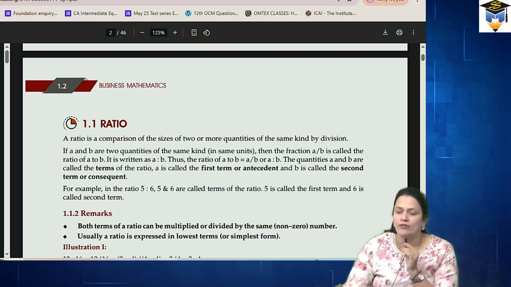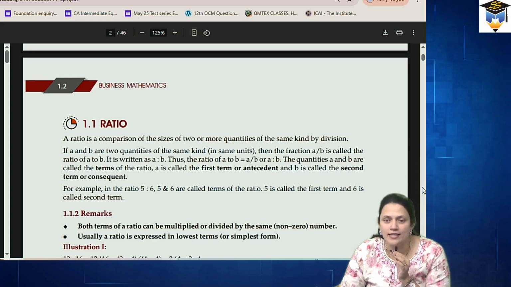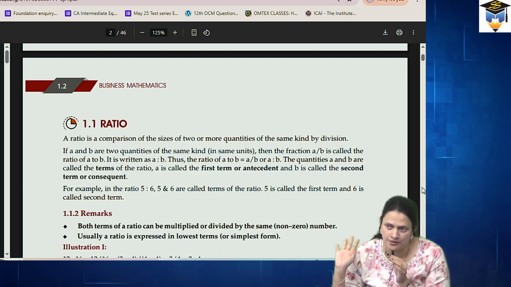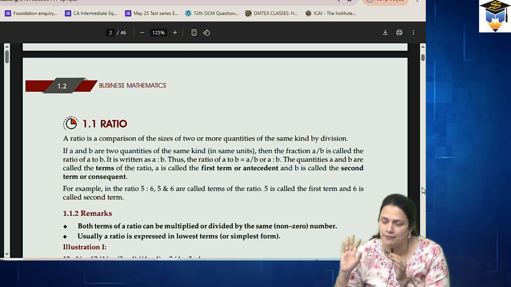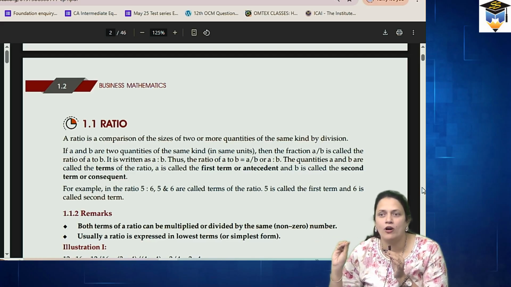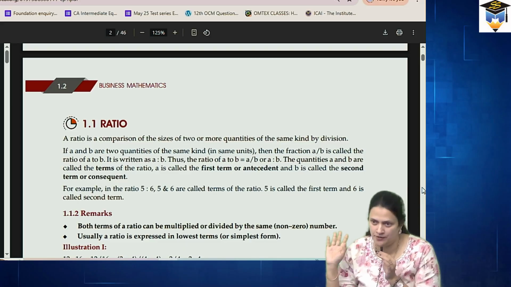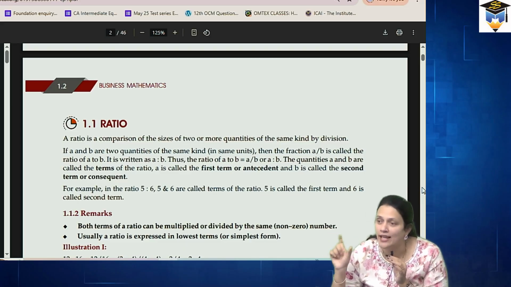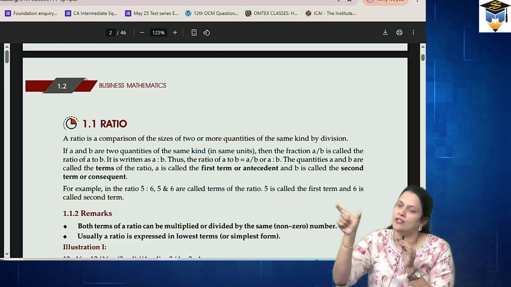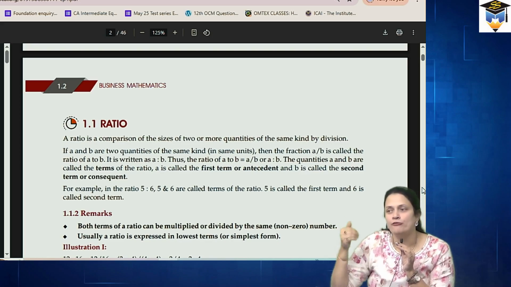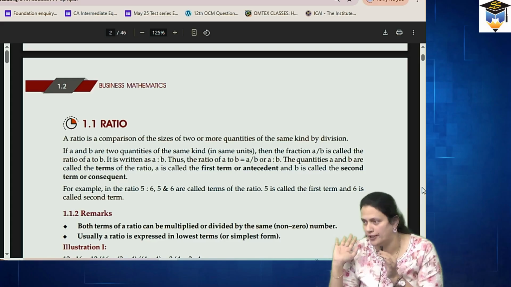When we talk about ratio, ratio is just a comparison between any two quantities. Let's take an example: the ratio of height of person A to height of person B. Height of person A will be in the numerator part, and height of person B will be in the denominator part.